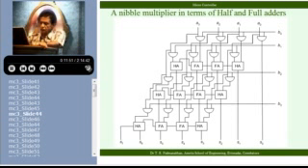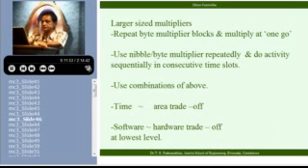Now we can expand this and make much bigger multipliers. When you want to do multiplication with very big numbers, broadly you have a choice between two approaches.